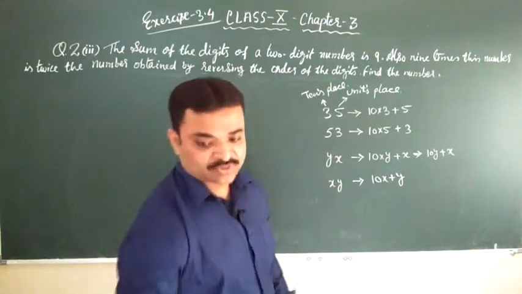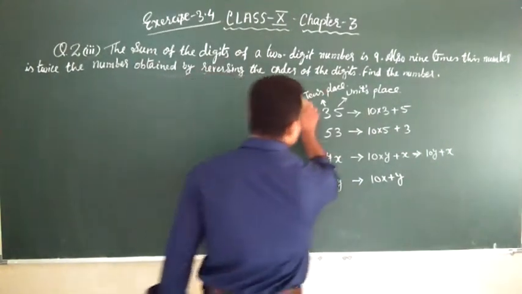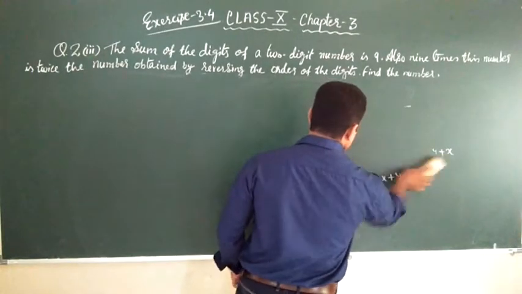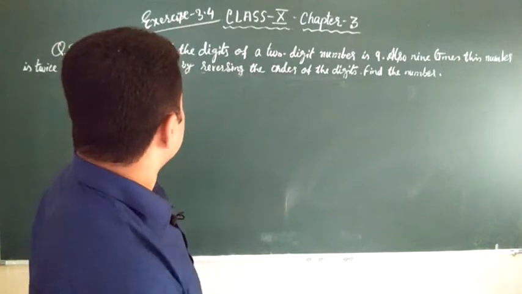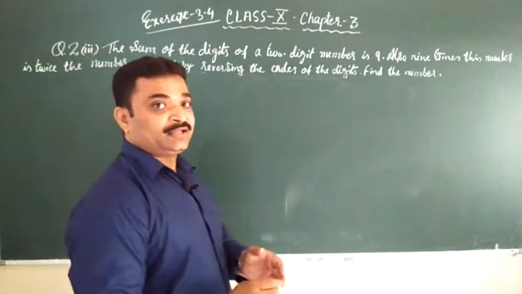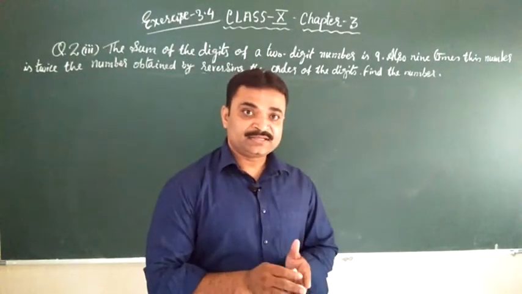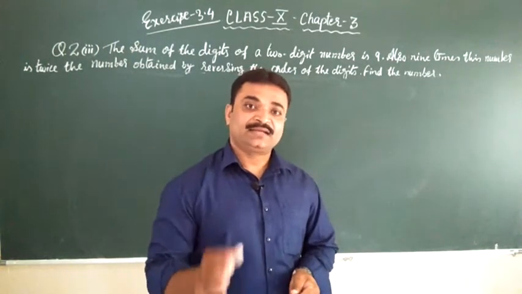Clear? Students, here we have the question, and in the first condition it says the sum of the digits of a 2-digit number. That means we have to take the digit at the units place and the digit at the tens place.